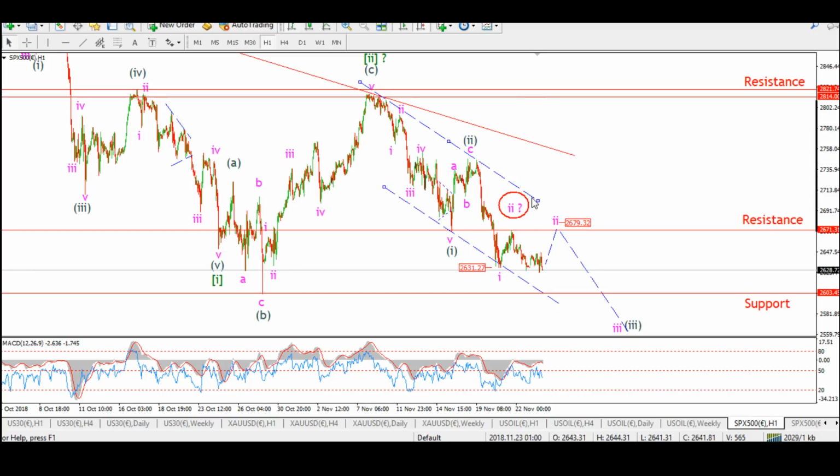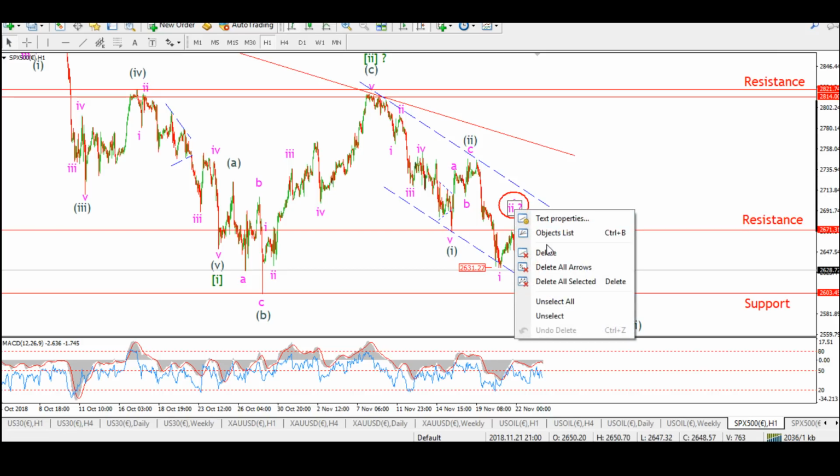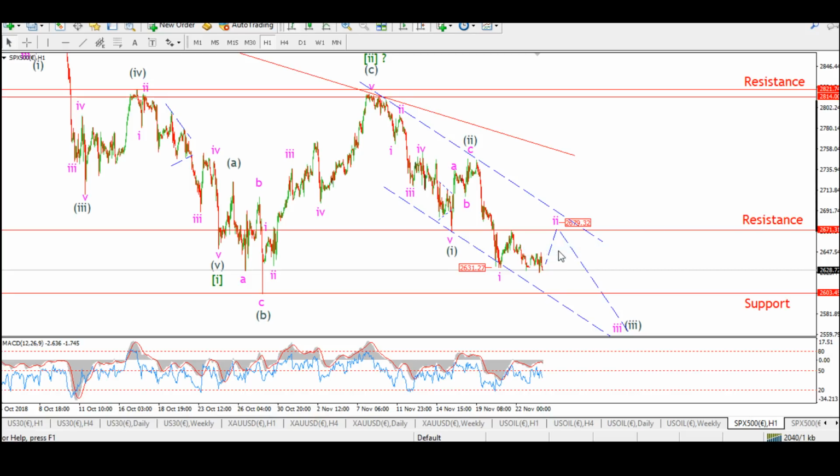And we've got this declining trend channel line here. That declining trend channel line should hold wave 2 in check. I'm going to get rid of this alternate count because it's not helpful for the moment.